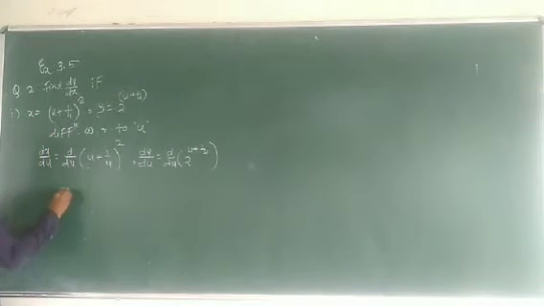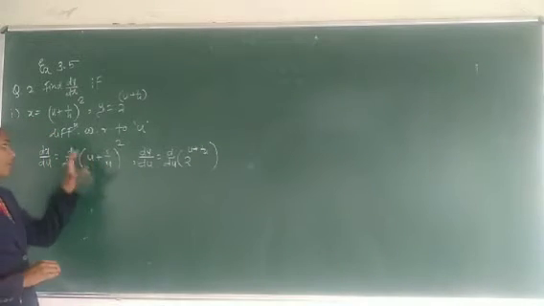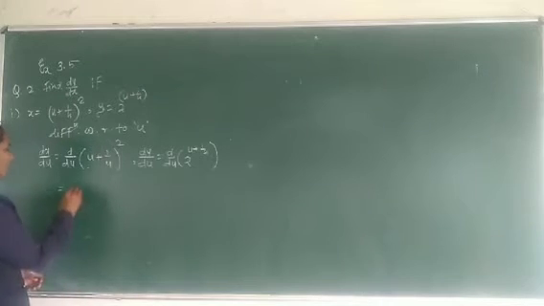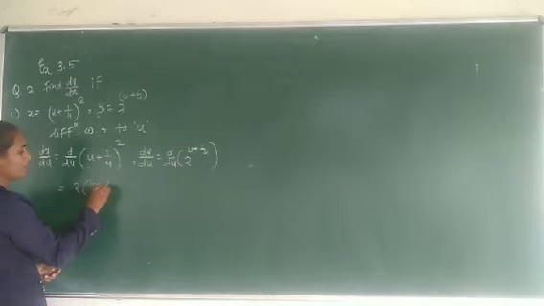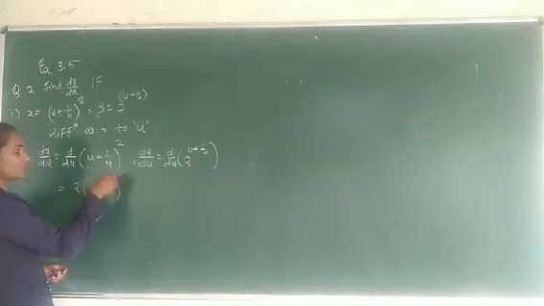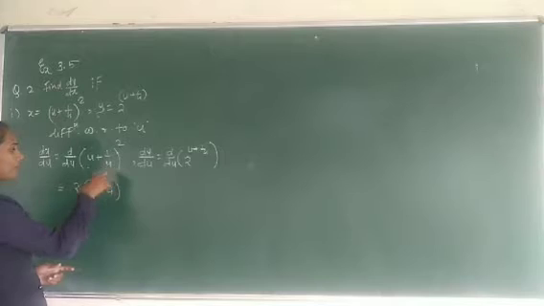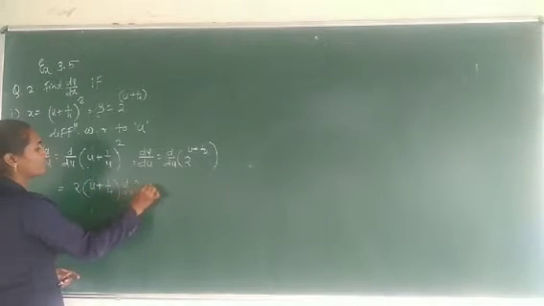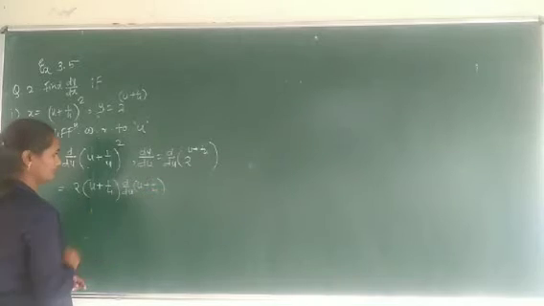So treat the base as a variable, so it becomes a square. What is the derivative of a square? That's 2x. So this function can be written as 2 into (u + 1/u) raised to 2 minus 1, that is 1, multiplied by the derivative of u + 1/u.